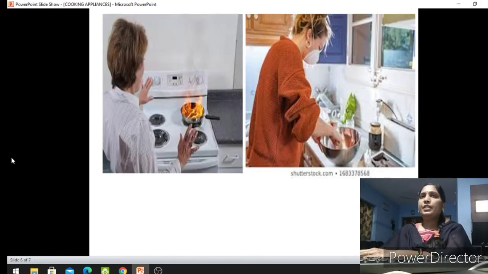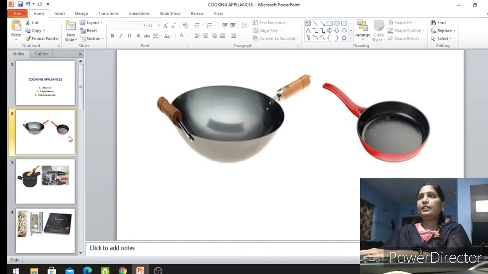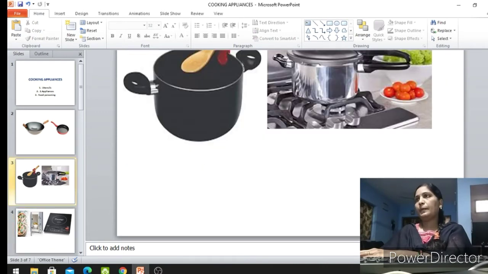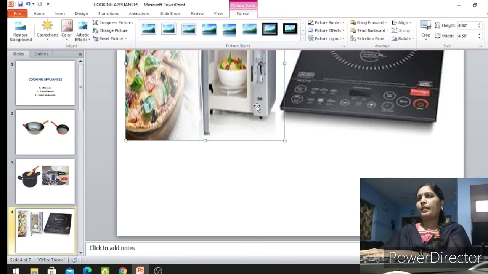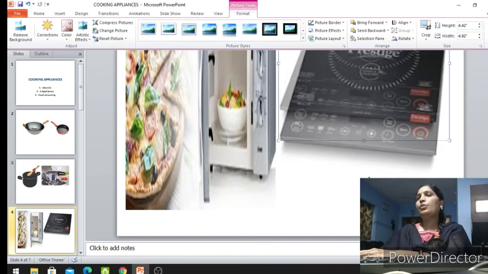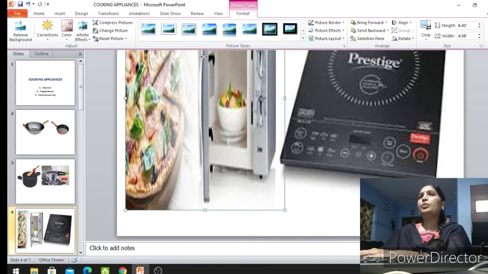And now when we see any others, these are appliances which we are using to cook the food. You already learned about baking.